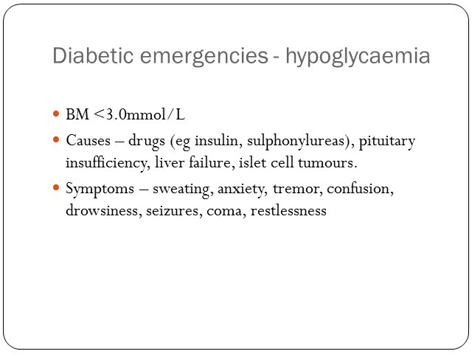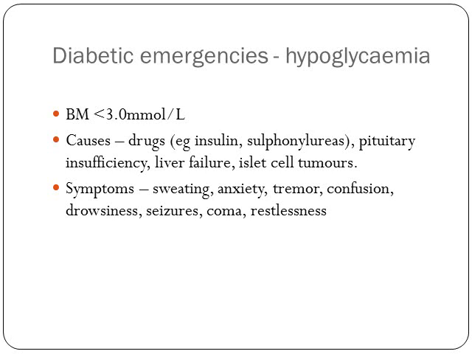Again. So just quickly to talk about some diabetic emergencies. First is hypoglycaemia. It's defined by a BM of less than 3. The cause is usually insulin, giving too much insulin for the blood sugar, but also sulfonylureas we talked about.